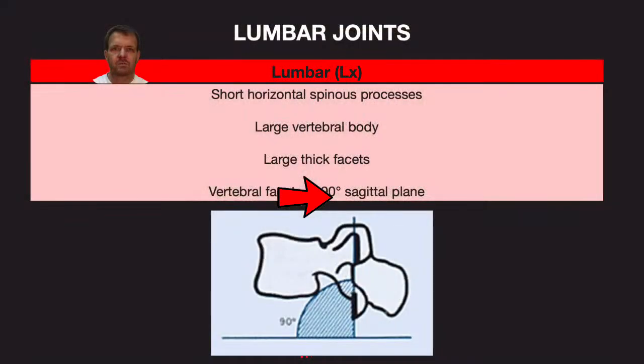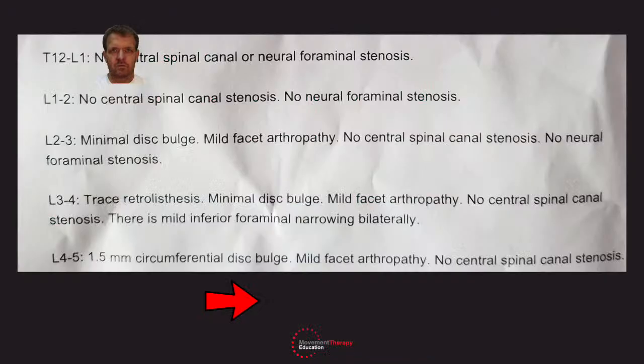Okay, and that corresponds with this. So the shape of these joints will dictate the movement available at that joint. So the thoracic spine is shaped very differently, and you're able to get a lot more rotation out of the thoracic spine.